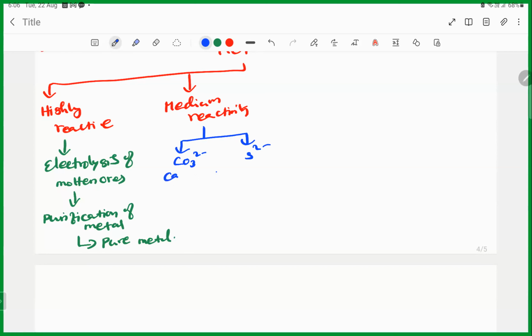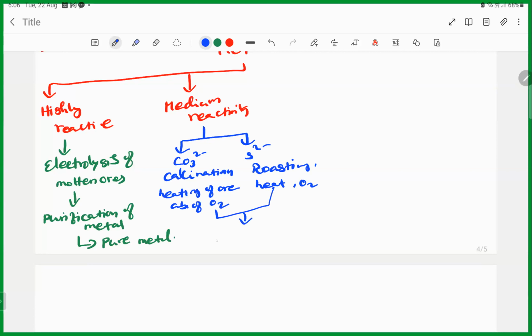So calcination is heating of ore in the absence of oxygen. The sulfide ore will be roasted. Roasting is heating in the presence of oxygen. Heat without oxygen, that is the difference. Okay. And then both will give the oxide of the metal. That metal you have to reduce.